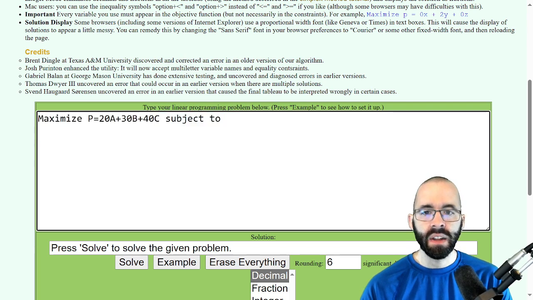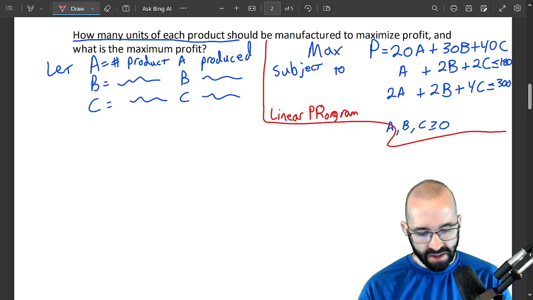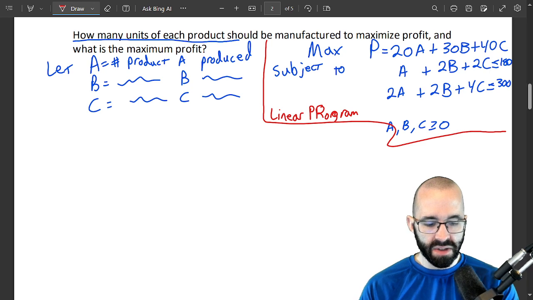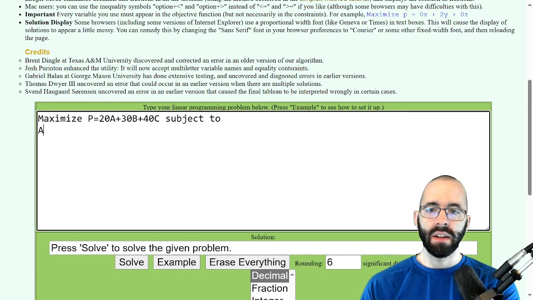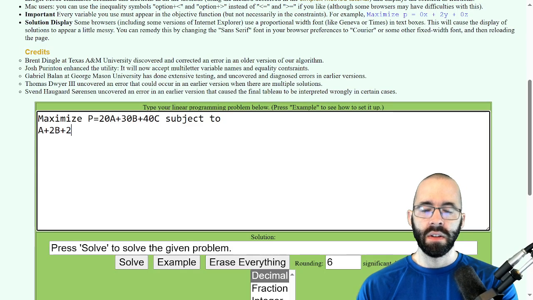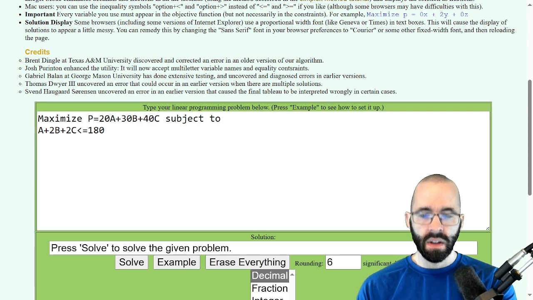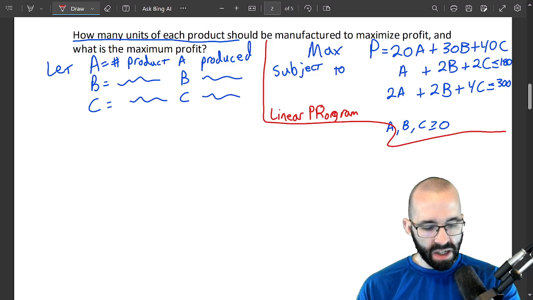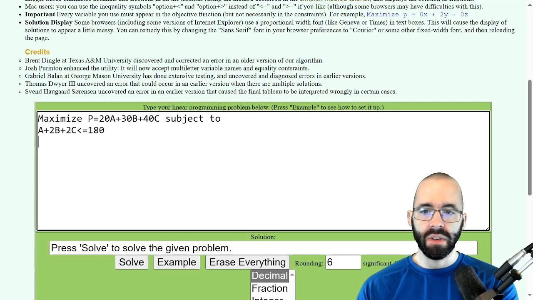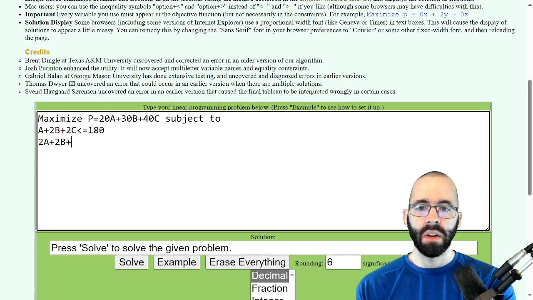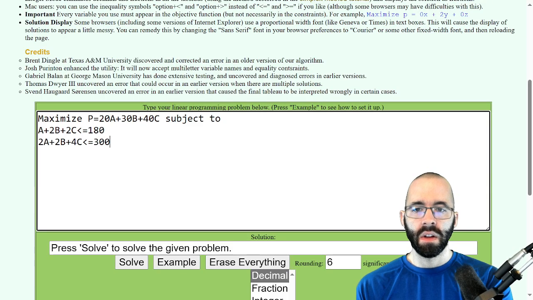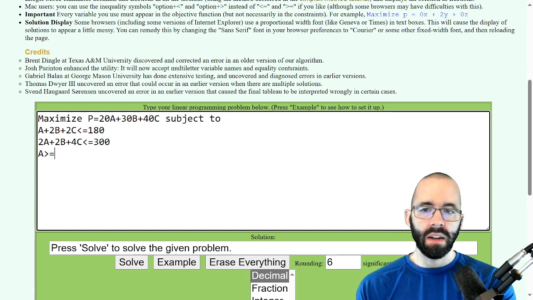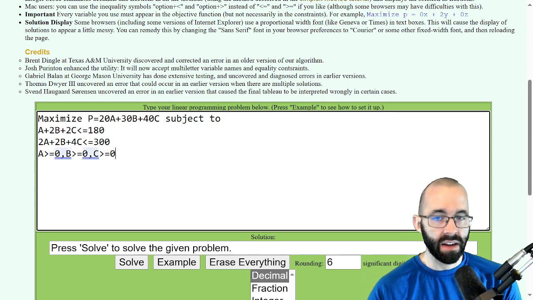All right. So subject to the constraints, a plus 2b plus 2c less than or equal to 180. 2a plus 2b plus 4c less than or equal to 300. And a, b, and c also have to be non-negative.